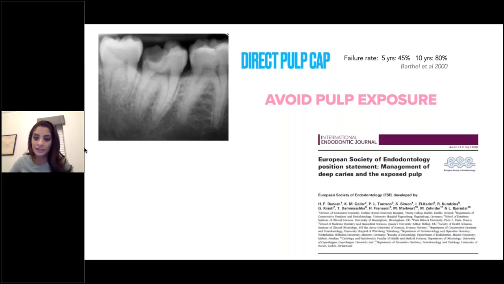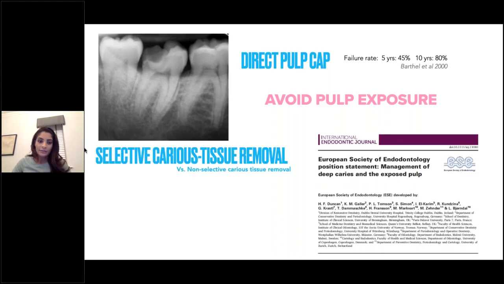This is a really good position statement from the ESC that talked about the management of deep caries in the exposed pulp, and it combines the literature that's there and gives recommendations. In brief, it talks about selective carious tissue removal. What this means is that instead of non-selective carious tissue removal, where we remove everything, we're actually choosing where to remove the caries.